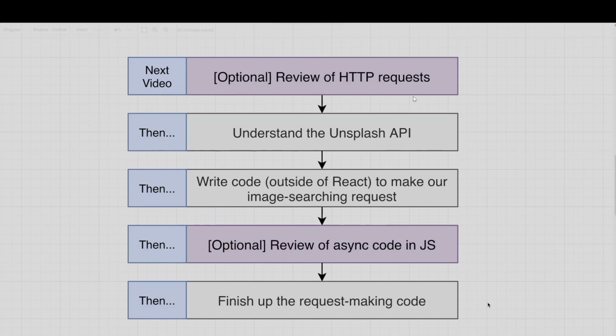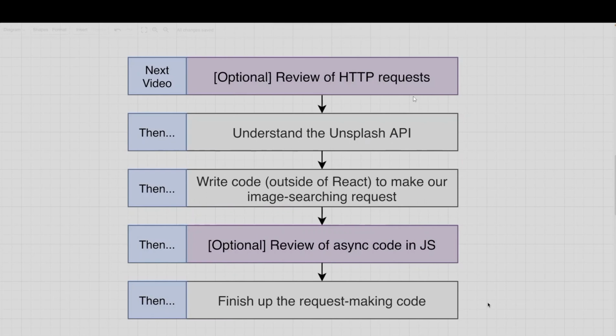Then we are going to write some code outside of React to make our image searching request, which means that whenever the user enters anything in the search bar and he enters it, we are going to make a request, image searching request, which will help Unsplash API to identify that which type of images we want.